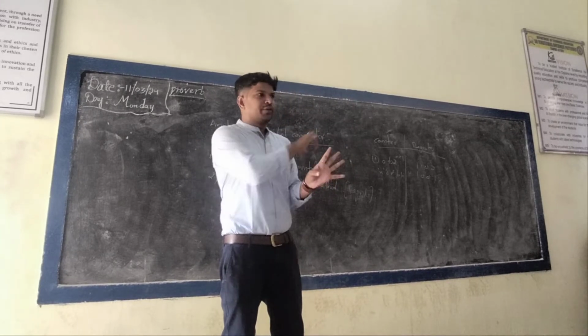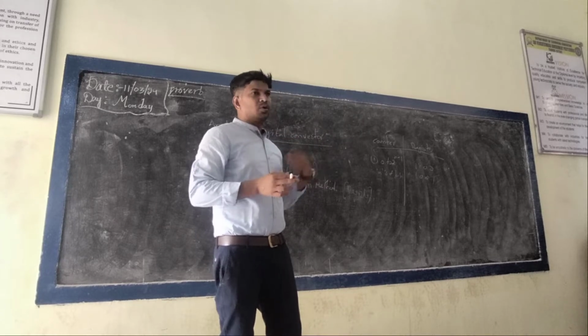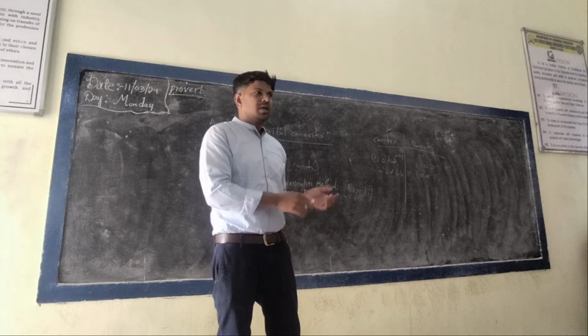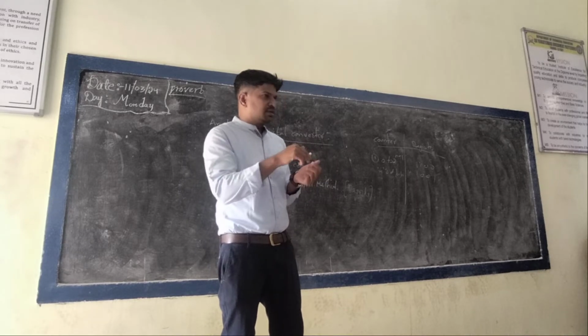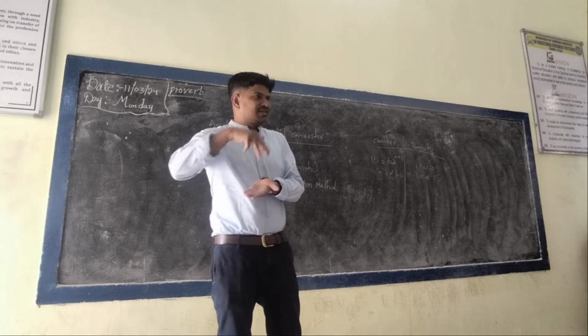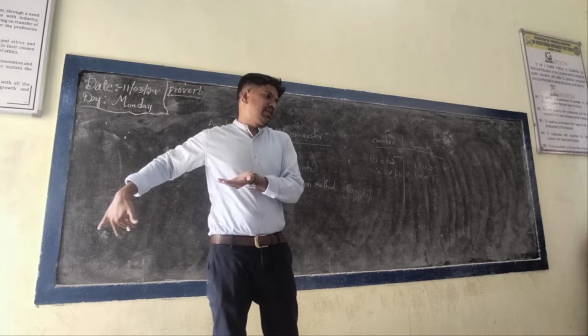Whereas a counter also stores data, but it always starts with 0. If one more clock pulse comes, it moves from 0 to 1, then to 2. So it always goes sequentially.